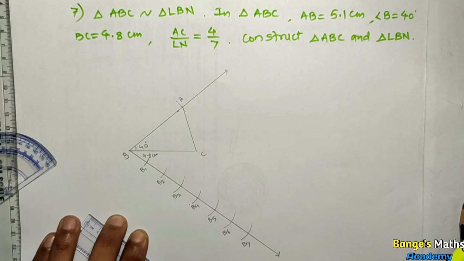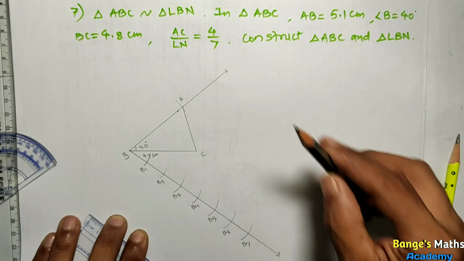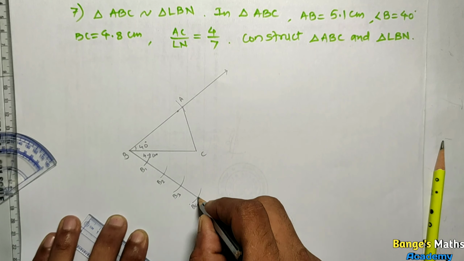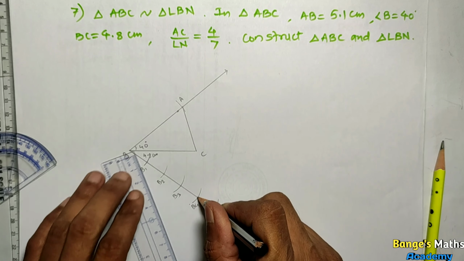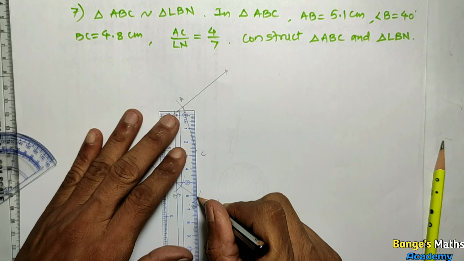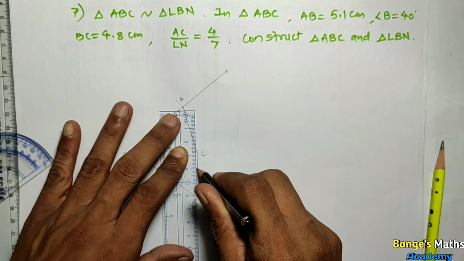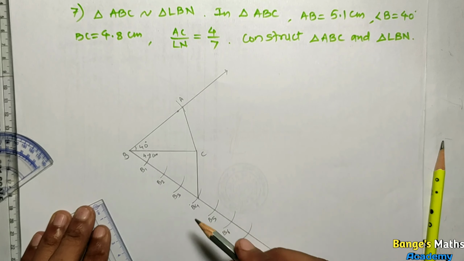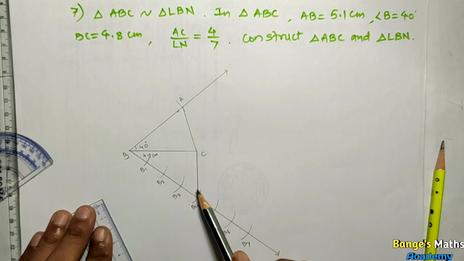See, AC upon LN is 4 upon 7. So, see B4 point. Join point B4 and point C with the help of ruler. Then construct congruent angle at B7.